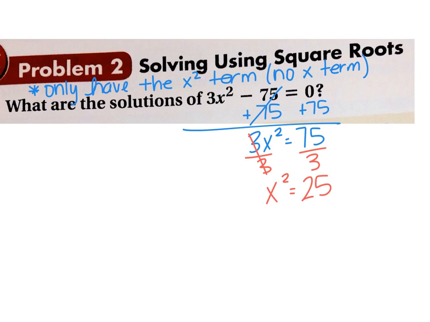Now, you've got to get x by itself, so you're going to square root both sides, because the opposite of x squared is the square root. The square root of x squared is x. The square root of 25 is plus or minus 5, because 5 squared is 25 and negative 5 squared is 25. So my answers are positive 5 and negative 5.